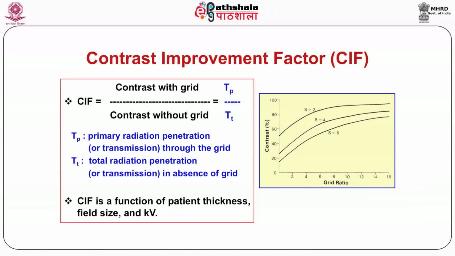The contrast improvement factor, CIF, is the ratio of the contrast when a specific grid is used compared with the contrast without the grid.